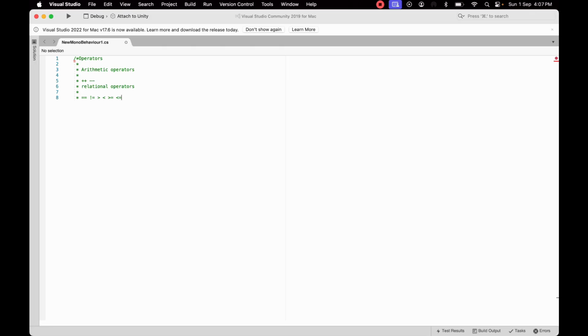So, usage in conditional statements. Relational operators are often used within if-else statements to control the program's flow based on certain conditions.